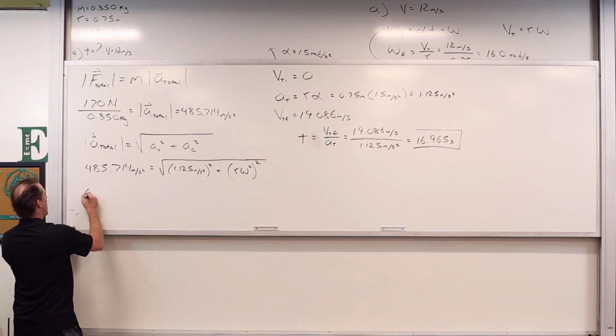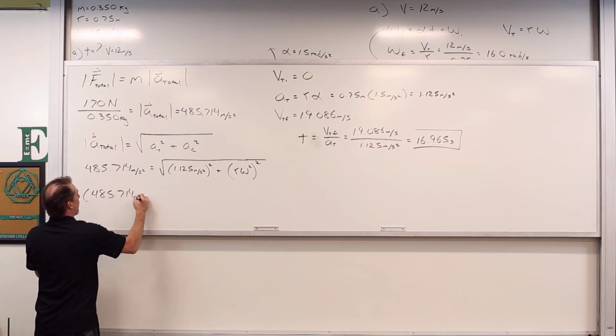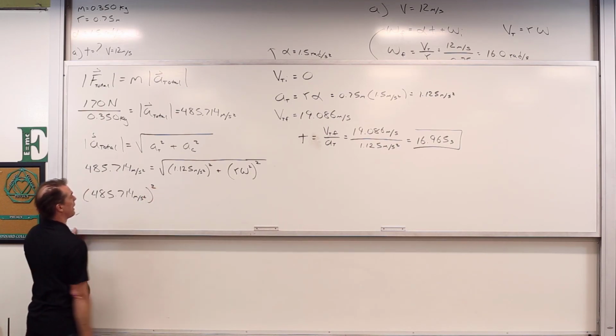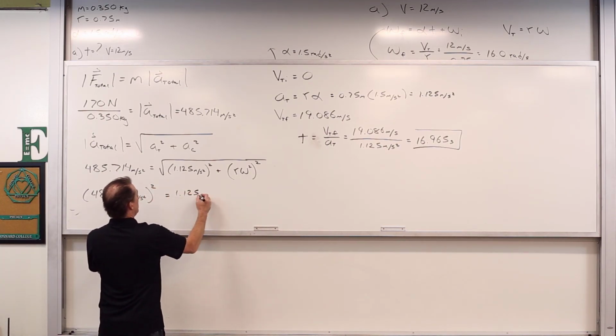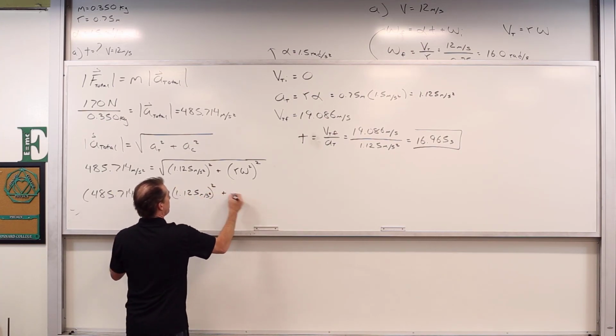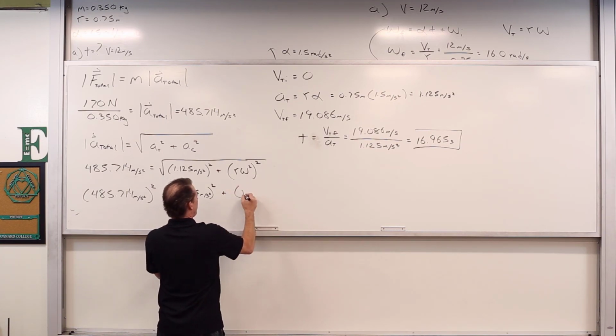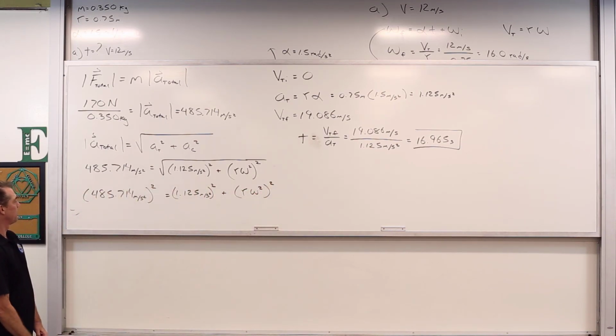We can write this as the quantity of 485.714 meters per second squared, quantity squared, is equal to 1.125 meters per second squared, quantity squared, plus r omega squared, quantity squared. That looks fun. We can subtract that from both sides.